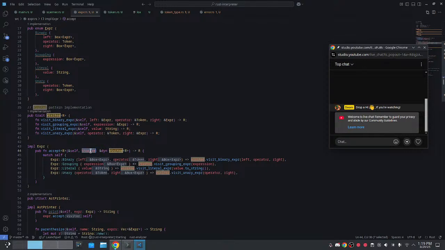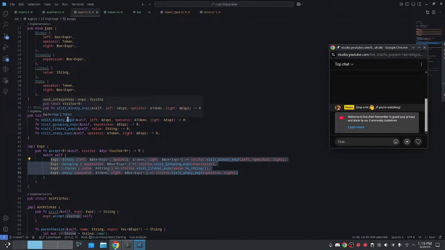Actually, it is not based on the visitor, it is based on the self parameter, which is generic over R. And according to this self, we would be classifying all the methods that we need to call.